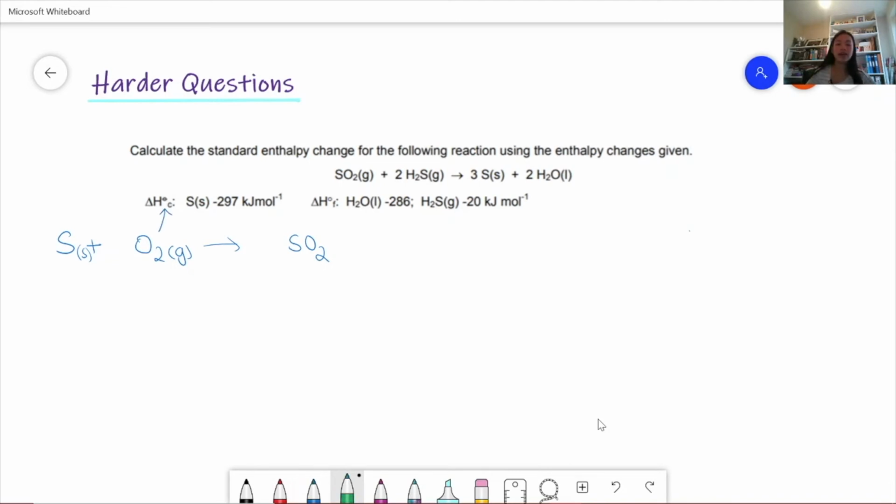And then we look at the formation of water and of H2S. So the enthalpy change of formation is the enthalpy change when 1 mole of the thing we want is formed. So that means that 1 mole of water is formed. And so from its constituent elements, we need to form 1 mole of water.